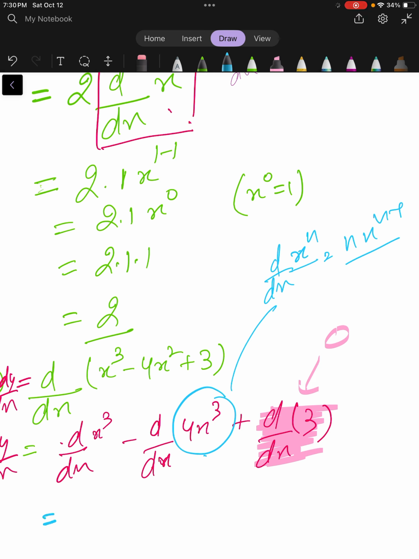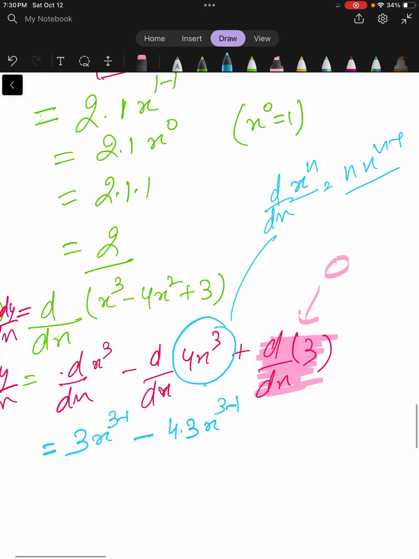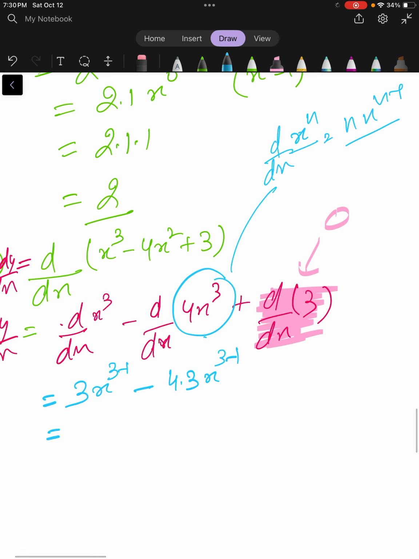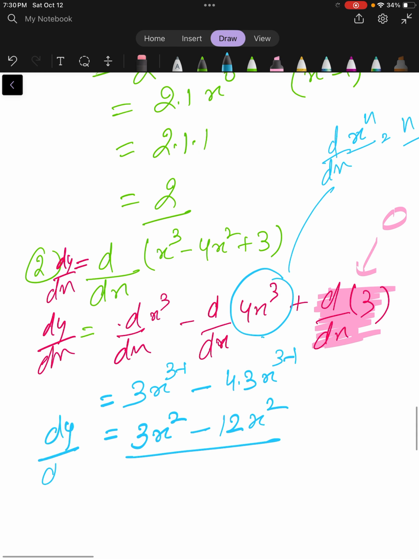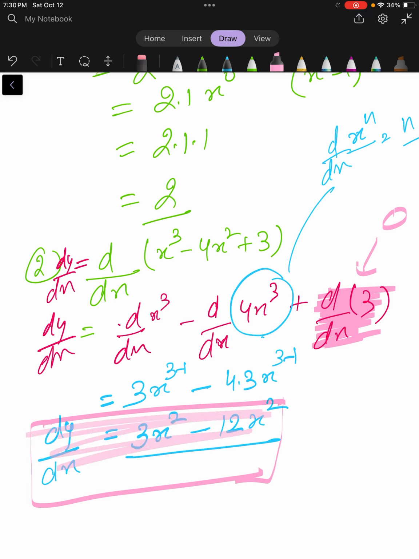So 3 comes down with x to the power 3 minus 1, minus 4 into 2 into x to the power 2 minus 1. When we solve this, it will be 3x square minus 8x. This is dy upon dx. This is how we solve this question. Got it?